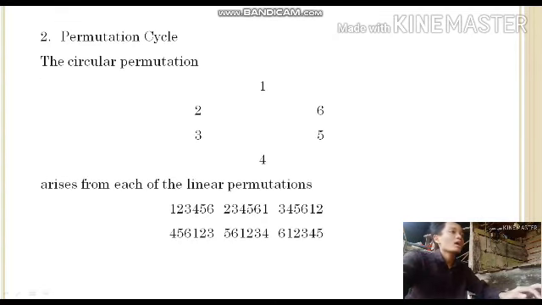Next, circular permutation. The circular permutation 1, 2, 3, 4, 5, 6 arises from each of the linear permutations 1, 2, 3, 4, 5, 6; 2, 3, 4, 5, 6, 1; 3, 4, 5, 6, 1, 2; 4, 5, 6, 1, 2, 3; 5, 6, 1, 2, 3, 4; 6, 1, 2, 3, 4, 5.